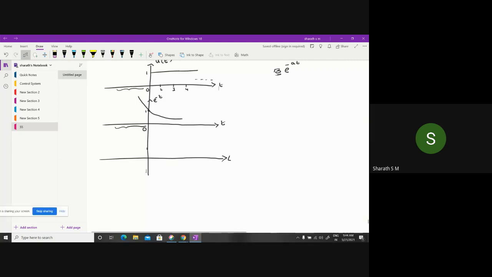So just look here, it's a decaying exponential. We have a constant amplitude level of 1, and here we have a decaying exponential as 0.9, 0.8, 0.4 approximately.